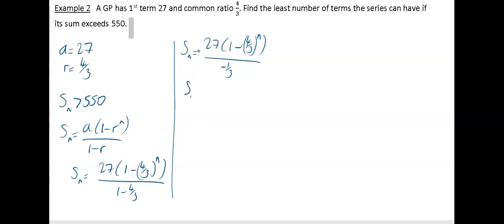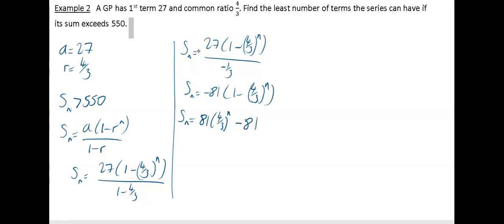So I'll have S of n is equal to minus 81 times 1 minus 4 over 3 to the power of n. And I'll just multiply in with that. That's going to be 81 times 4 over 3 to the power of n, then minus 81. So just multiply it in, tidy it up a wee bit as well.